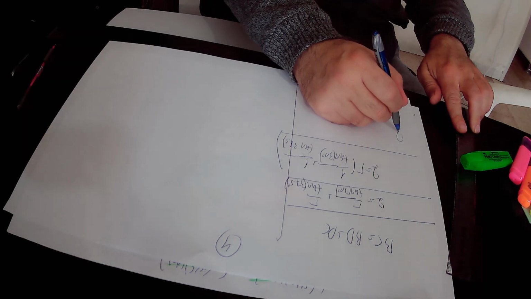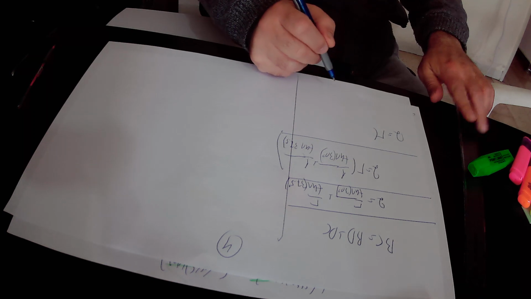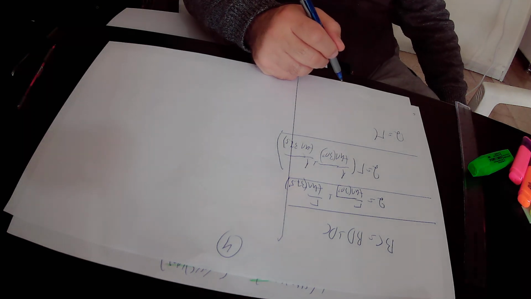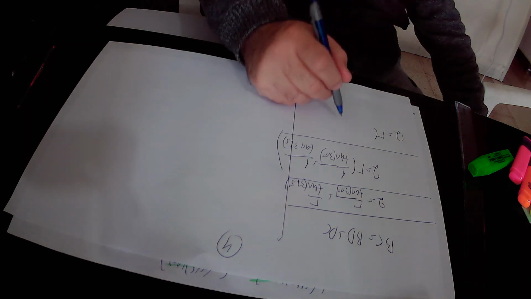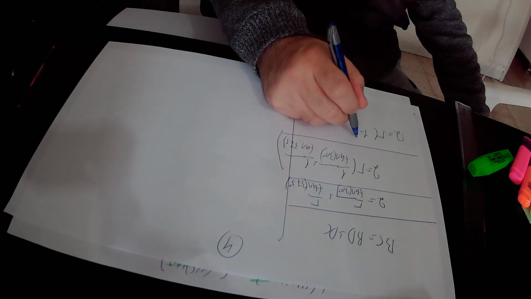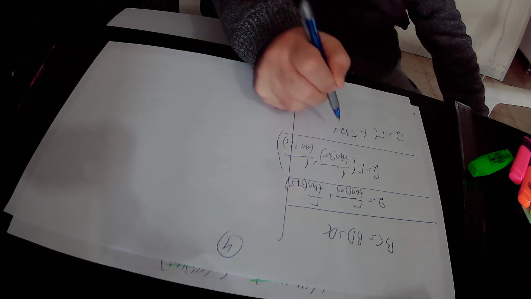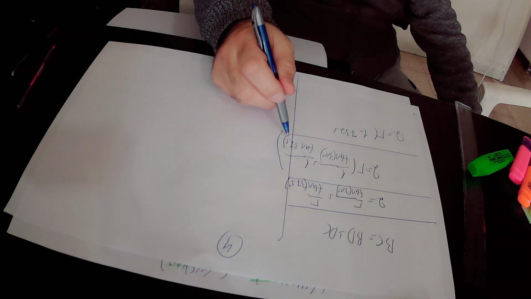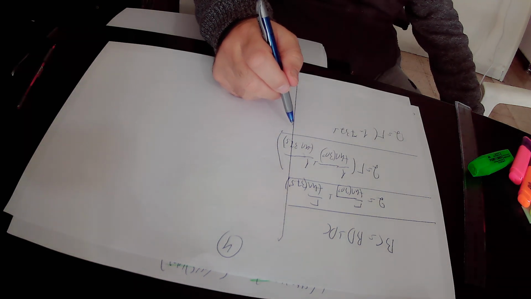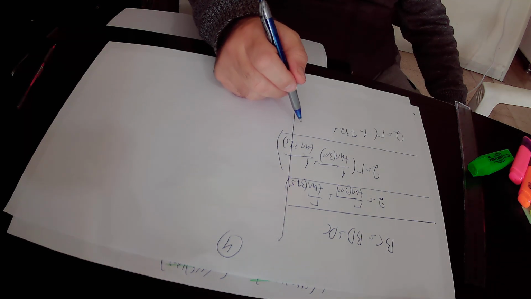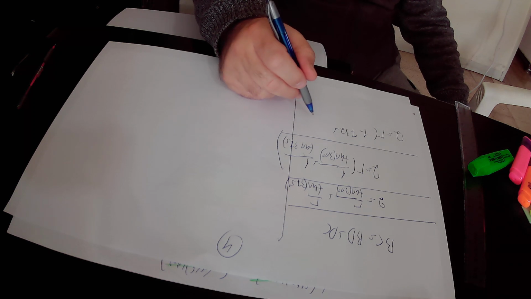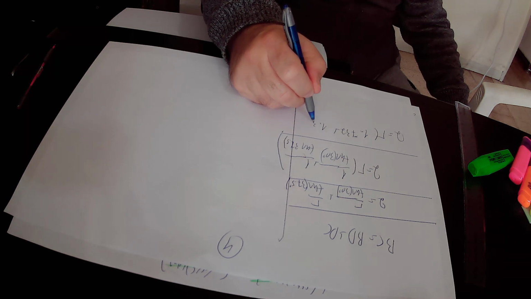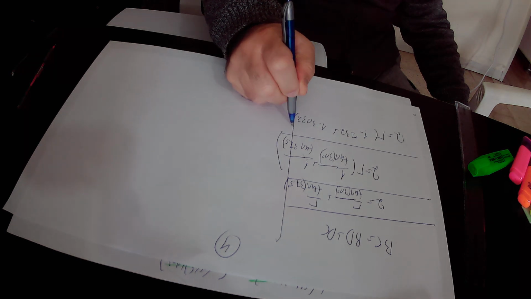So 2 equals R, and 1 over tangent 30 degrees equals 1.732, plus 1 over tangent 37.5 degrees, which equals 1.3032.